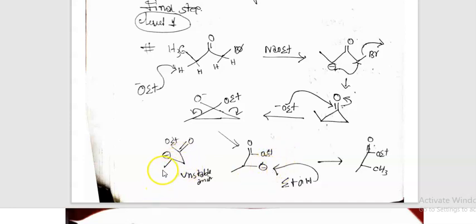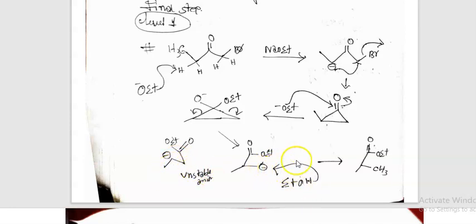Why is it unstable? Another point is that we all know that if a negative charge is already present and extra electron density is added, then it becomes more unstable, because here electron density is already present.